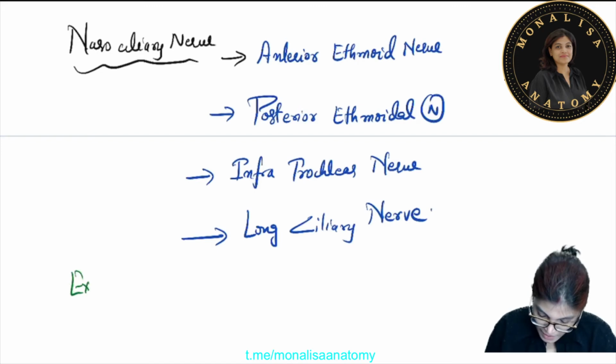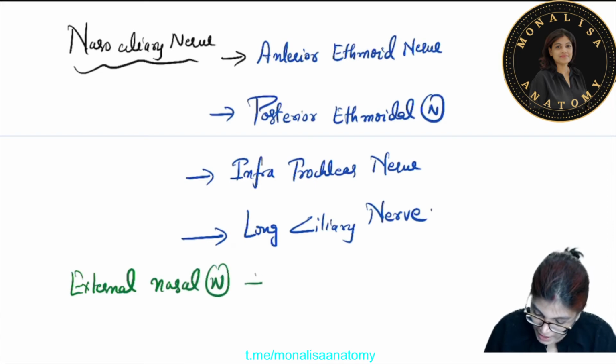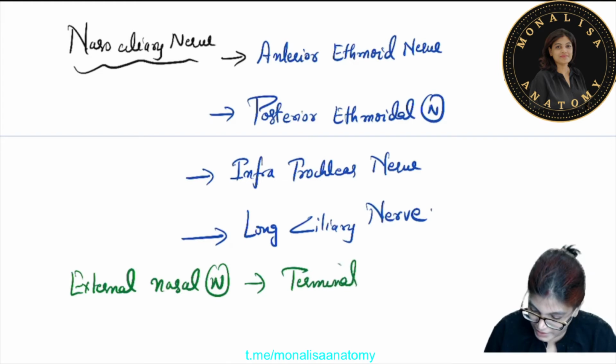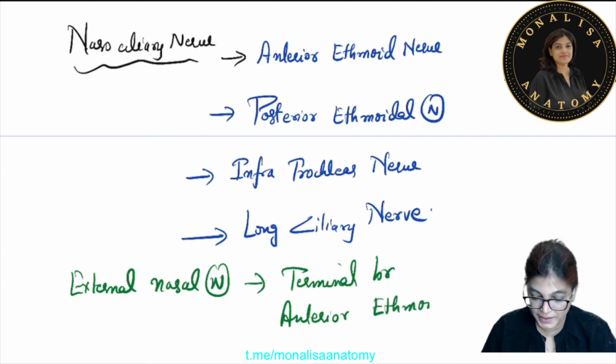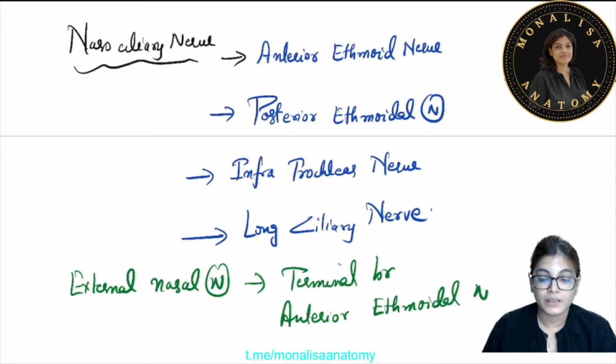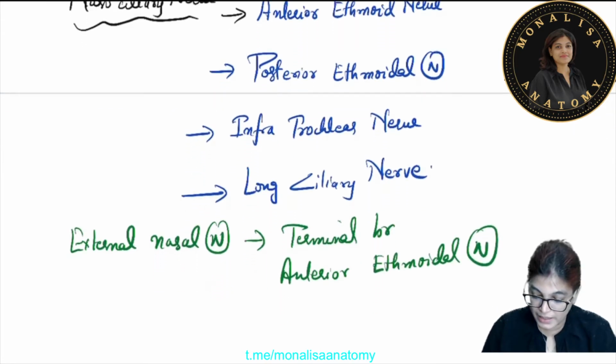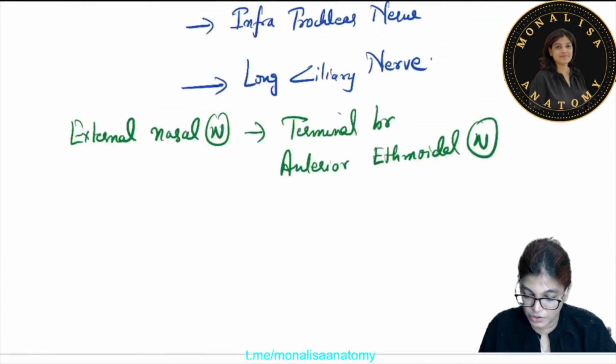The external nasal nerve is actually a terminal branch from the anterior ethmoidal nerve. So done with the one branch, that is nasociliary.